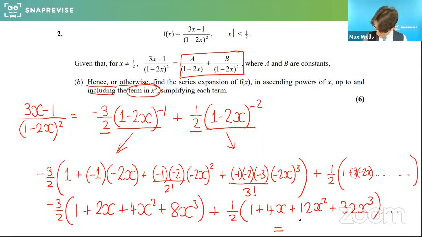And it tidies up to, some of you might have got this, -1 minus x plus 0x squared plus 4x cubed. So that was a big extension on that question, but it was essentially doing two binomial expansion parts.